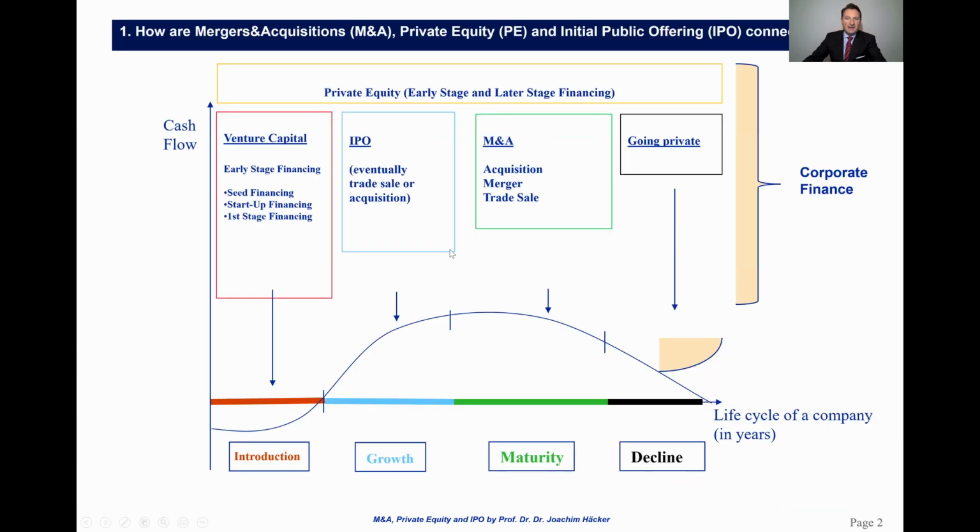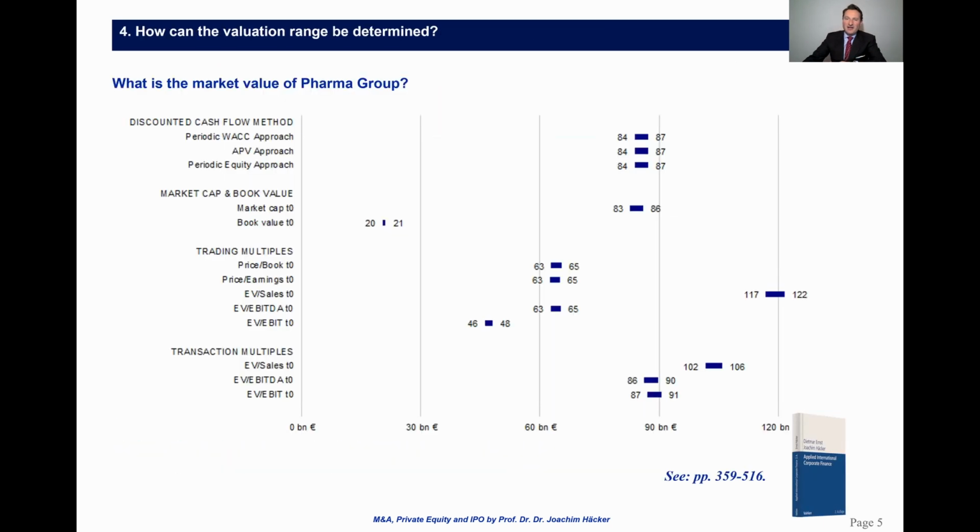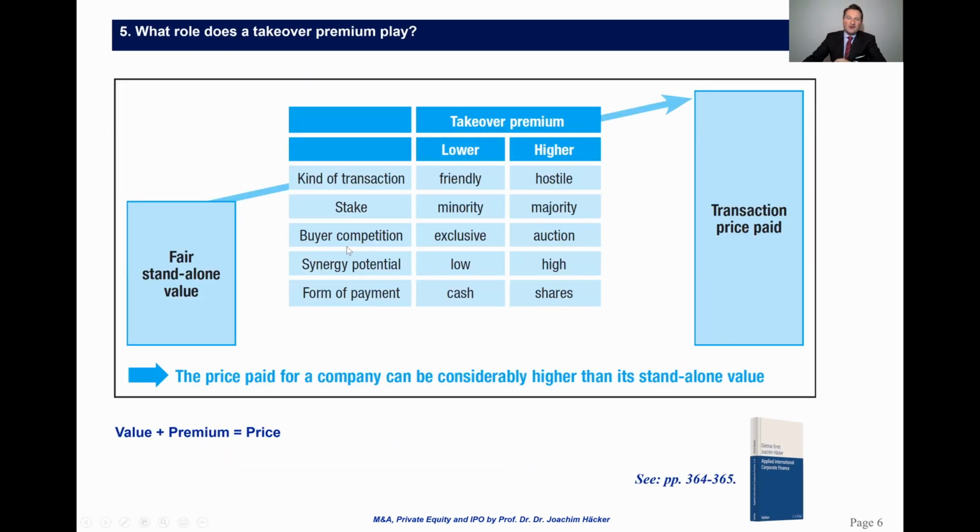So if we go back to our private equity investor, in an M&A transaction they tend to have the problem of rather lower synergy potential that can be realized, contrary to the strategic investor.